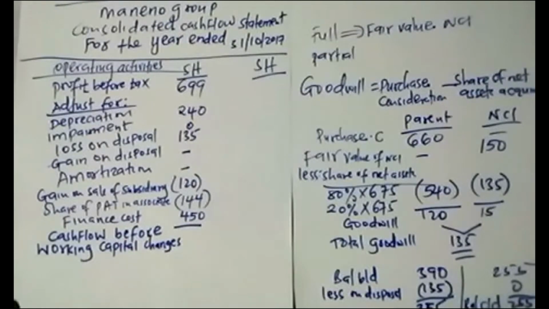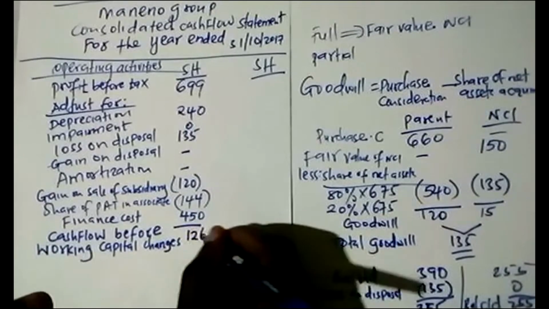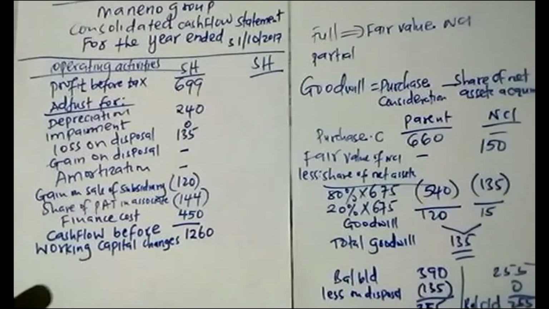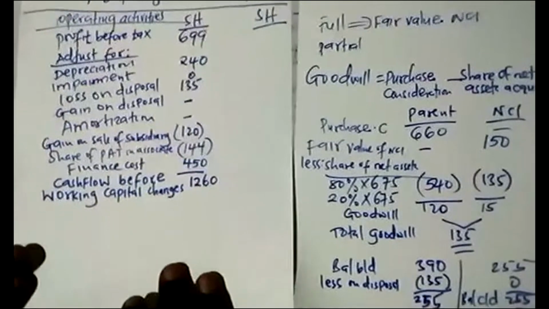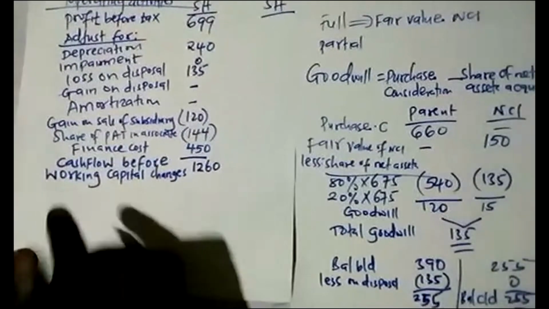I will take 699, not 669, 699 plus 240 plus 135 minus 120 minus 144 plus 450. So I'm getting 1260. Then after this, we talk about working capital changes.